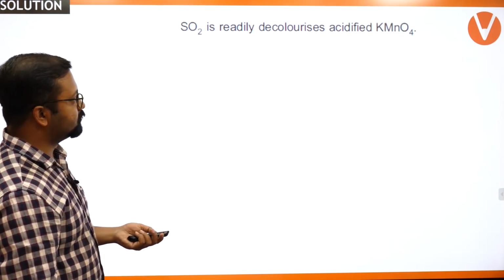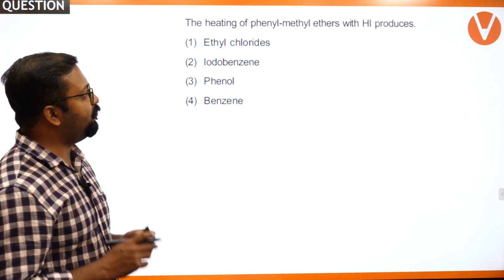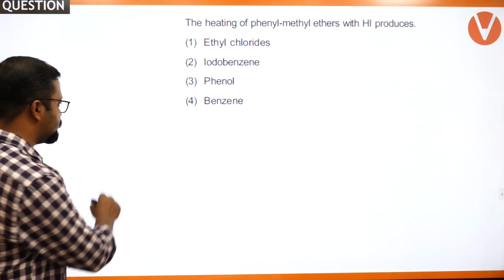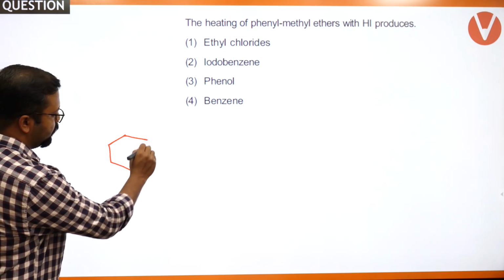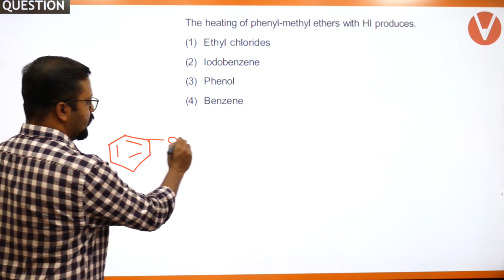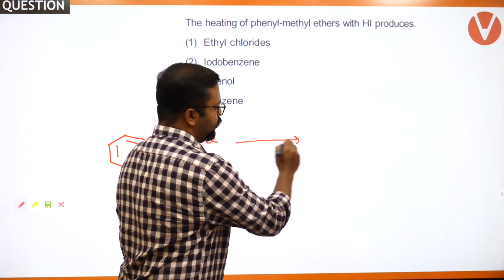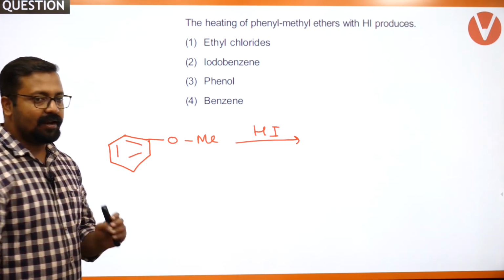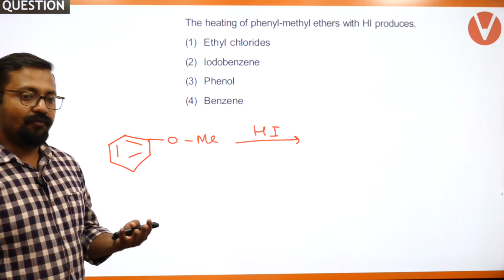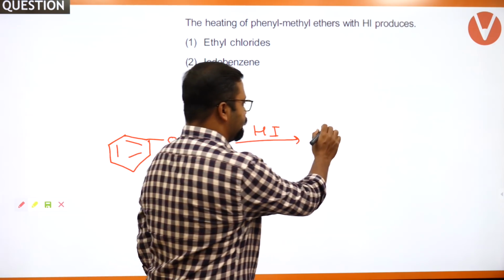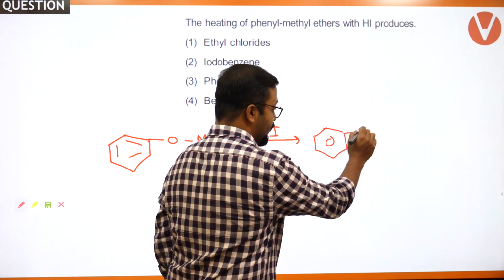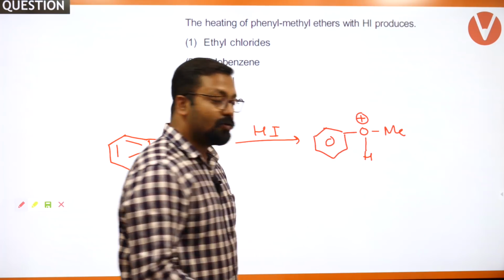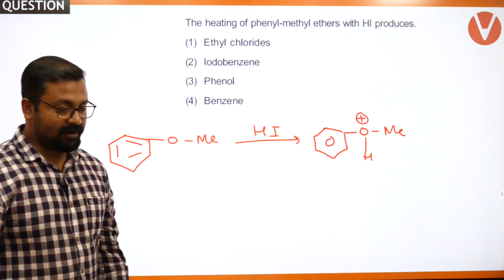Next, the heating of phenyl methyl ether with HI produces. You know that ethers, when they react with HI, break to form an alcohol and alkyl iodide. Now, first and foremost, depending on what kind of substance is given, I can identify where the iodide ion would react after this state.